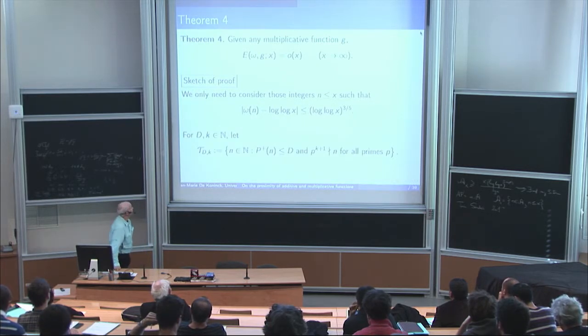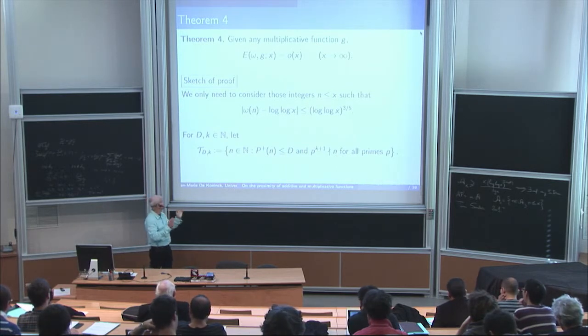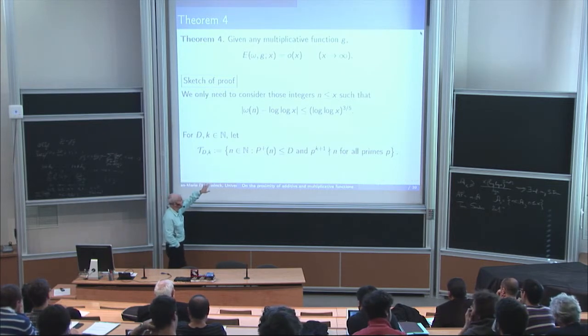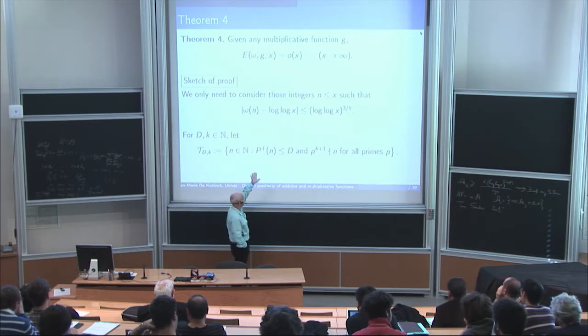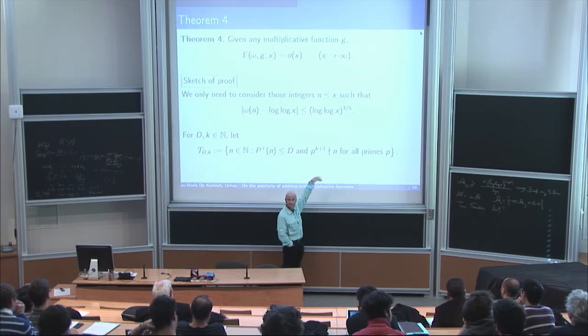And then I define a particular subset of the natural numbers, fix d and k, and we introduce this set t, which is those n for which the largest prime factor is bounded by d, so they're d-friable. And also, I don't want big exponents in there. Okay?